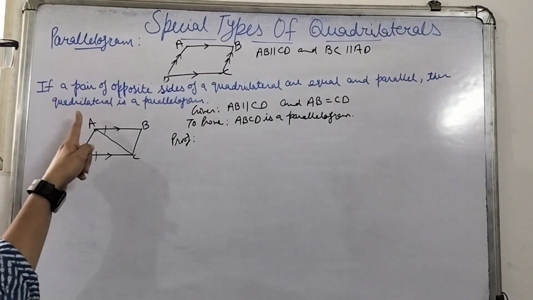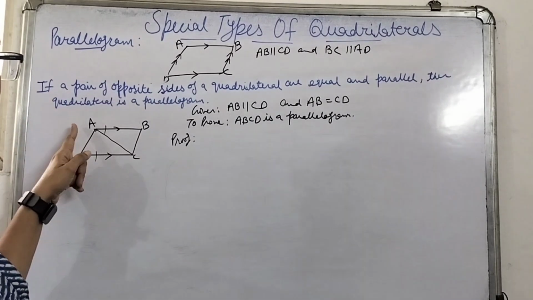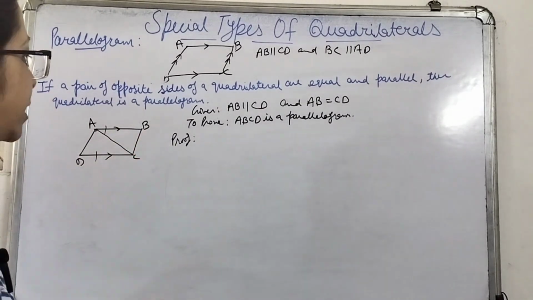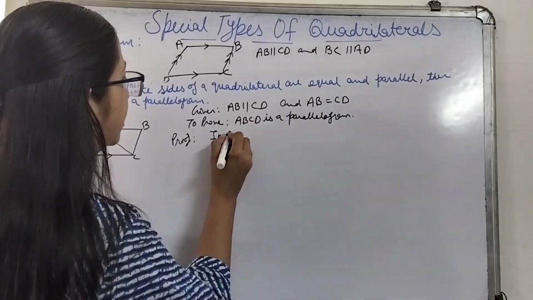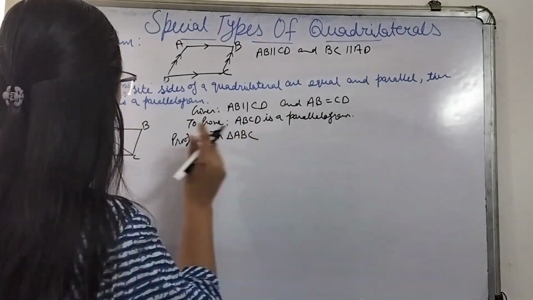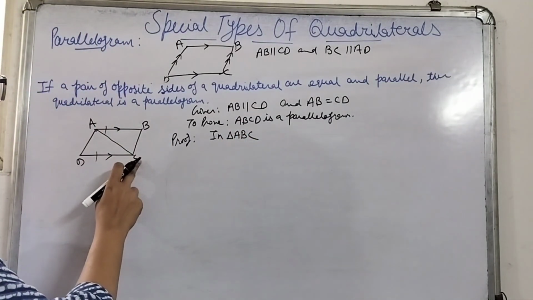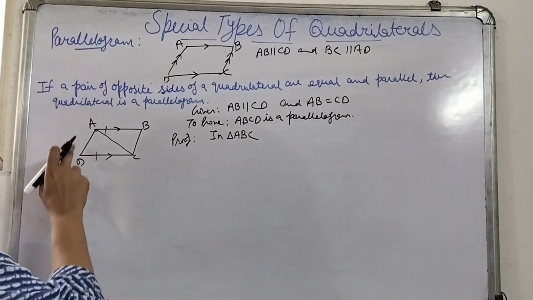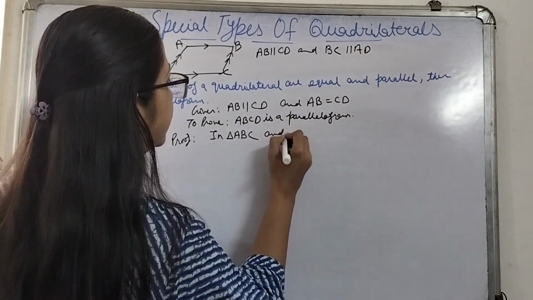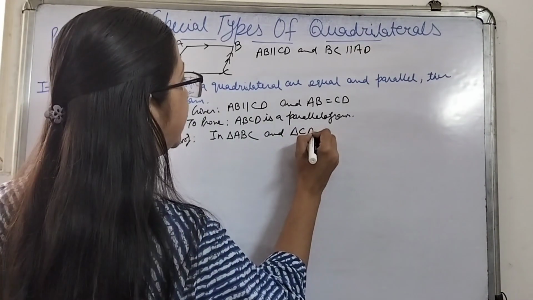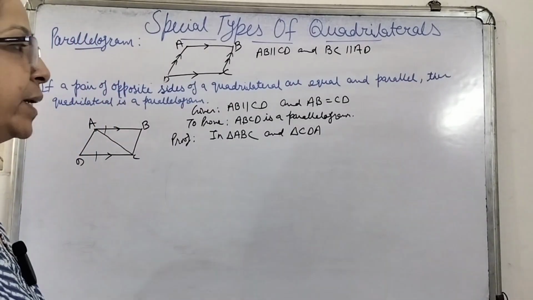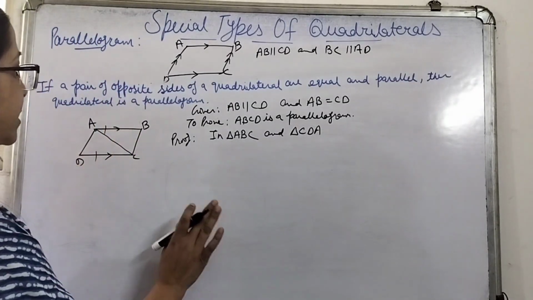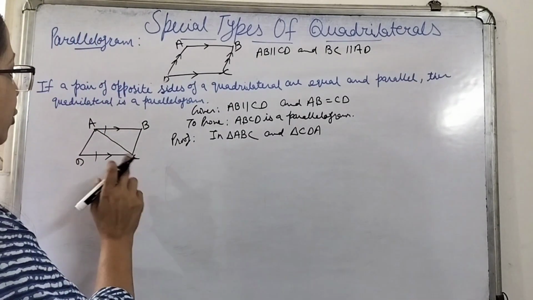The proof is, we'll be considering two triangles. One will be your triangle ABC, and we will be taking triangle CDA. These two triangles we'll be considering. In these two triangles, it is given to us that AB is parallel to CD.